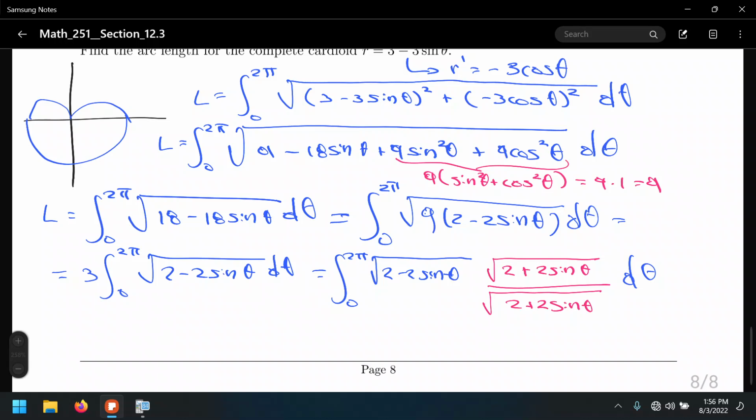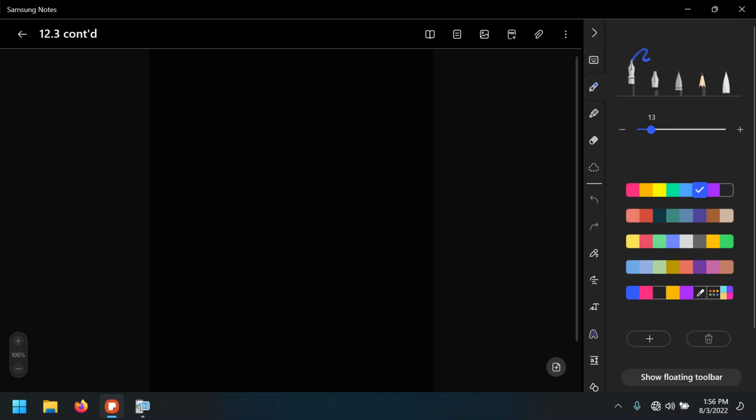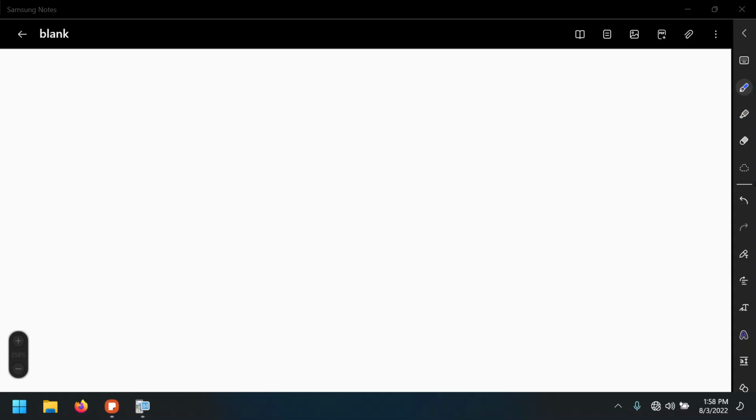But this is the last page of the handout, so that's why I opened another page here to continue the integral. And I need a good color that actually contrasts. Perfect.